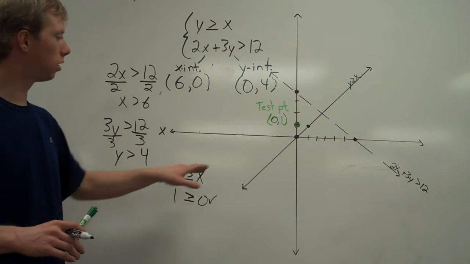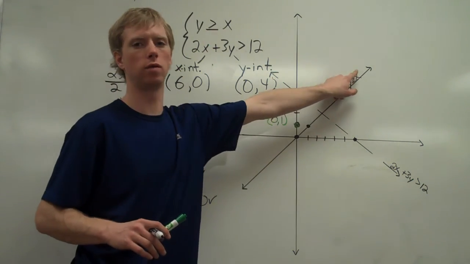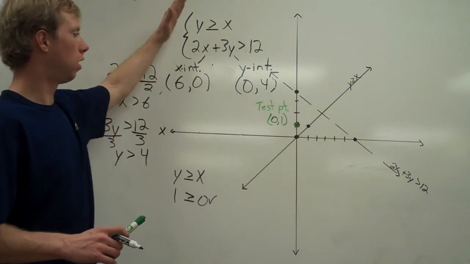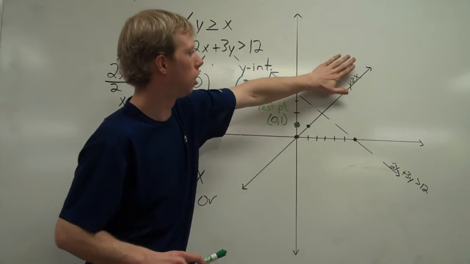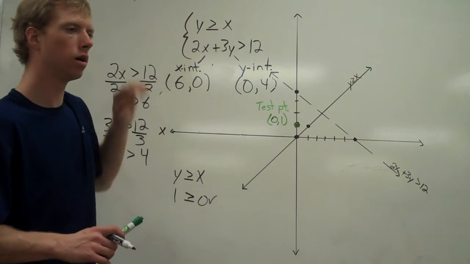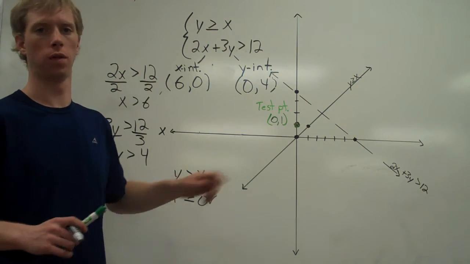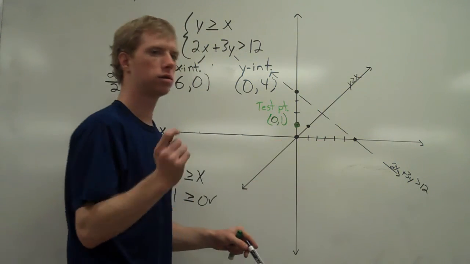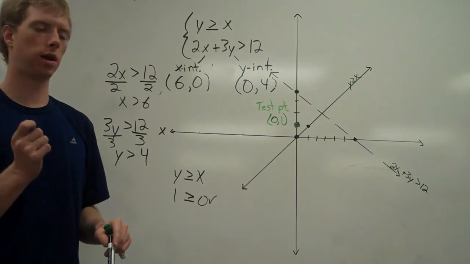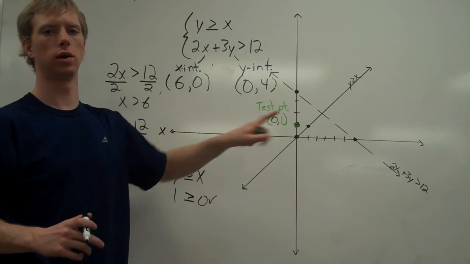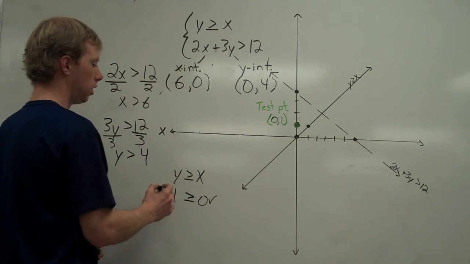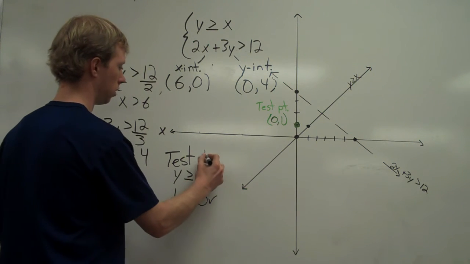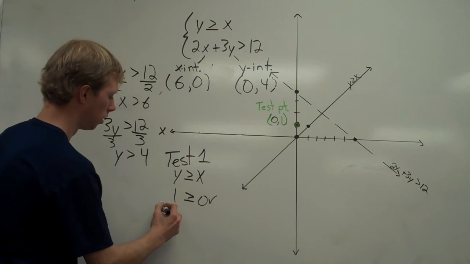So, as I look at the line y is greater than or equal to x, I know that all the points on this side of the line, up here and down here, make this one true. Now I need to decide what side of my dashed line would also be true at the same time. So I test the point (0, 1) in the second inequality. This is test 1.